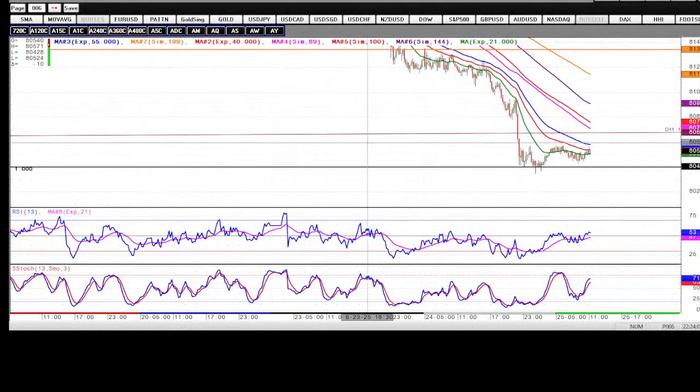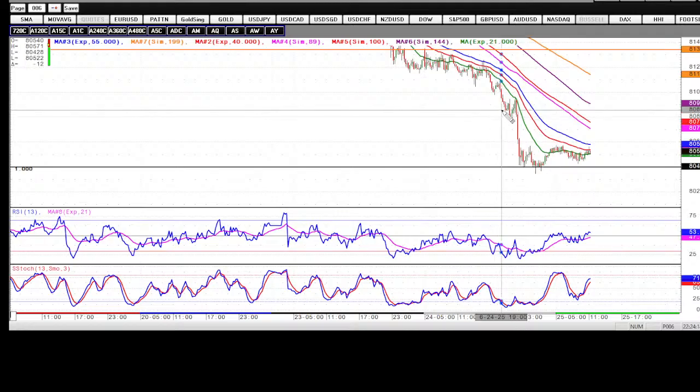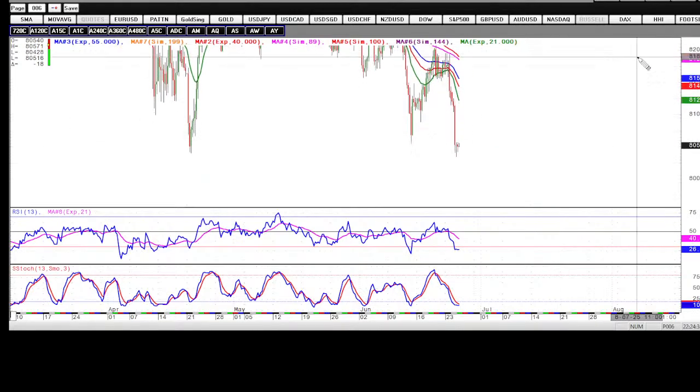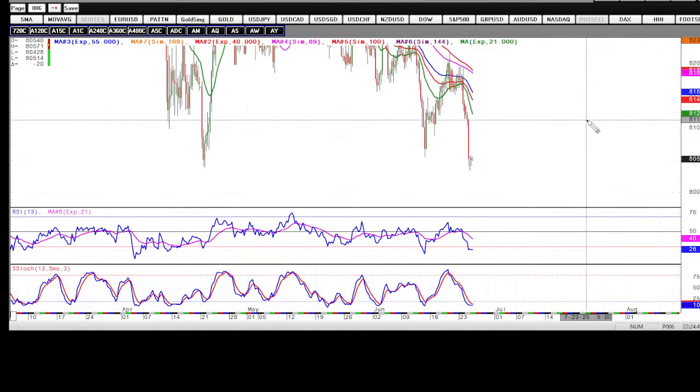Okay, dollar Swiss back. We need to decide on the stop loss first. The immediate stop loss should be 80.95 or 81.20.